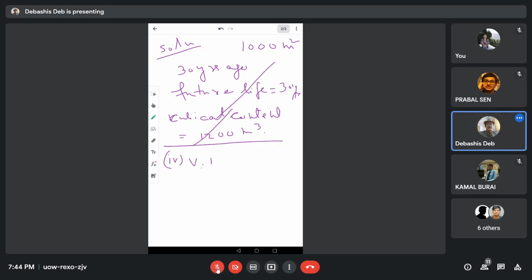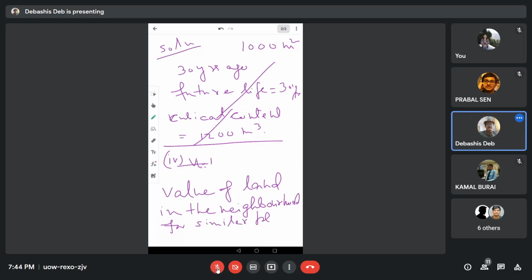Value of land in the neighborhood or similar plot, rupees 600 per meter square. Write this down, additional information will include this too.